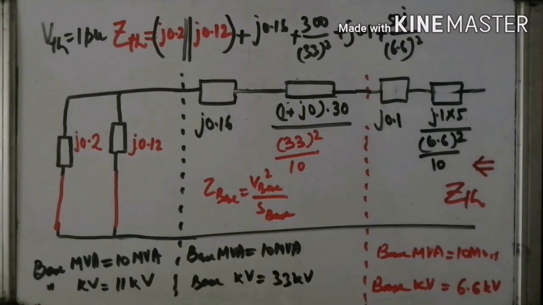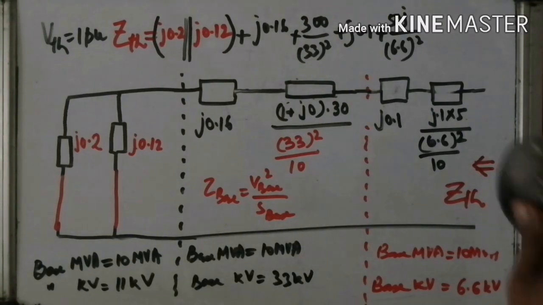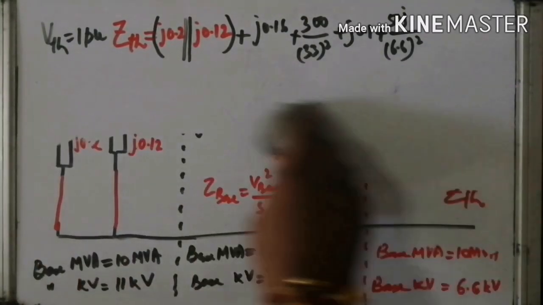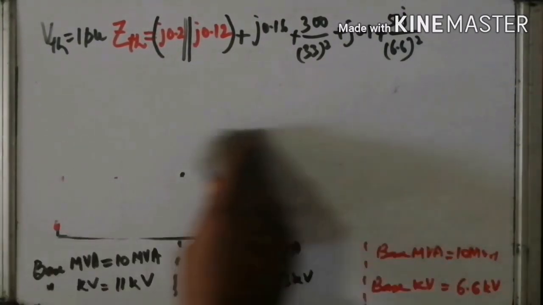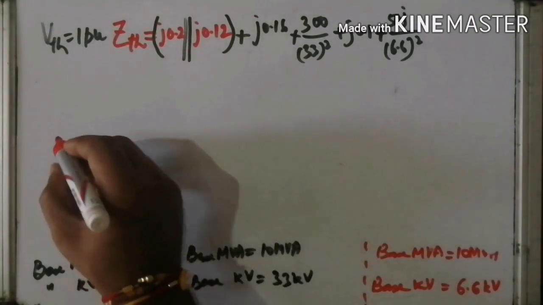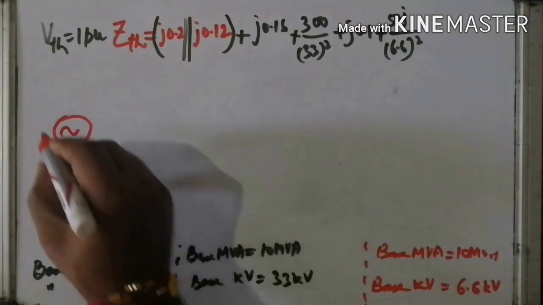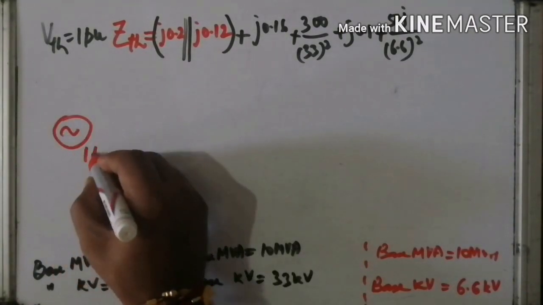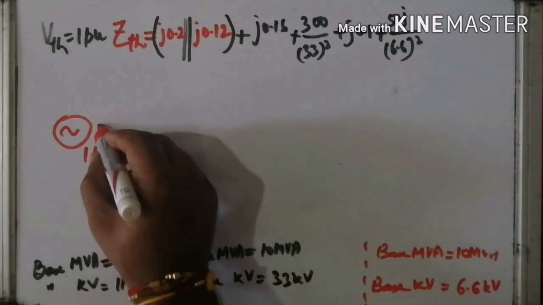Now I'm going to draw the Thevenin equivalent circuit. The Thevenin equivalent circuit contains a source having the value of 1 pu, it's your VTH.